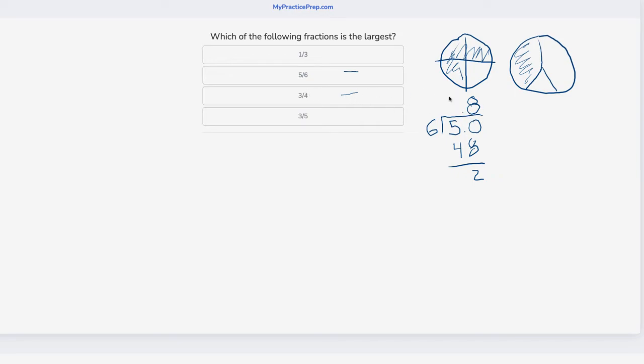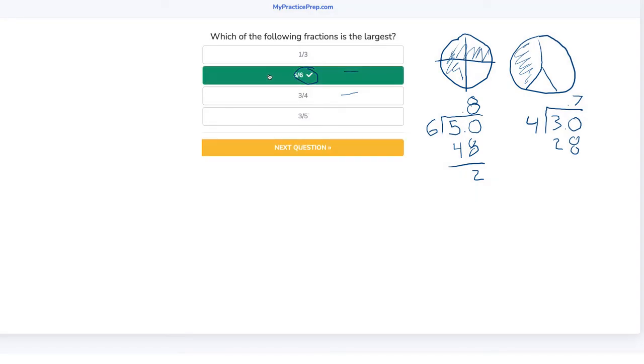Let's look at 3/4. So 3/4 can be written as 4 goes into 3, 4 goes into 30. So 7 times 4 will give us 28. So we know 0.7 is going to be smaller than that. So we know that this is probably the right answer, and it's definitely larger than those two. So let's check our answer. Excellent. Next question.